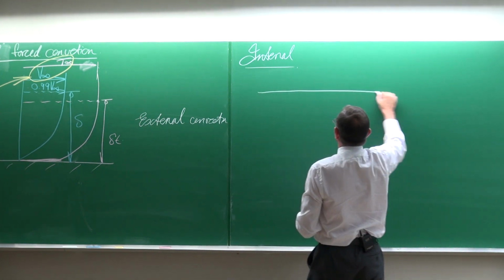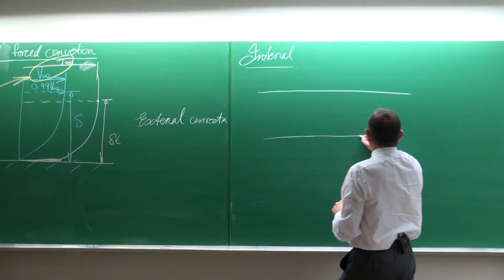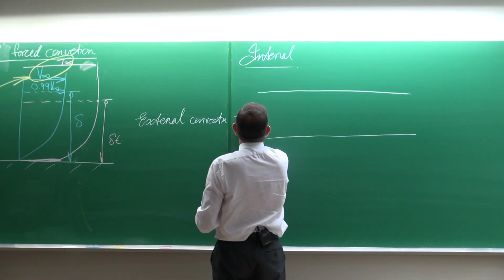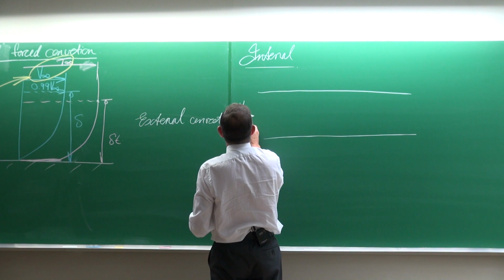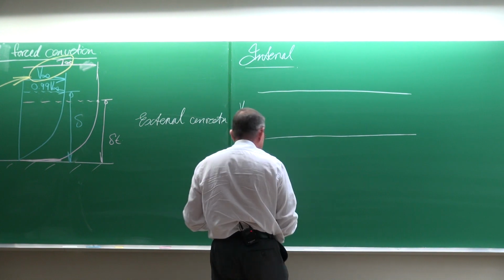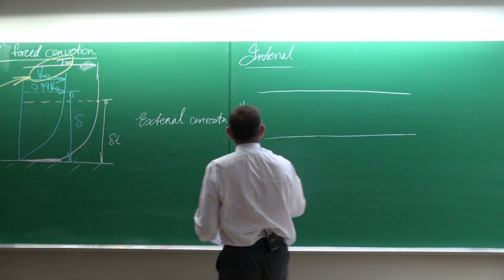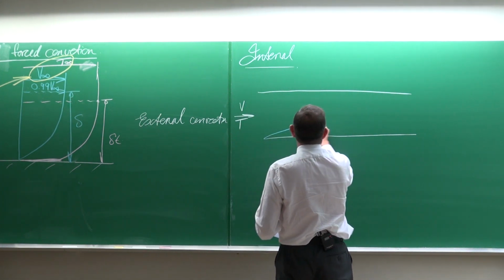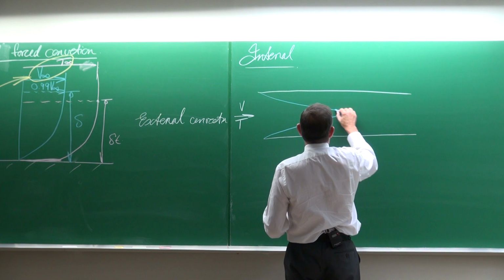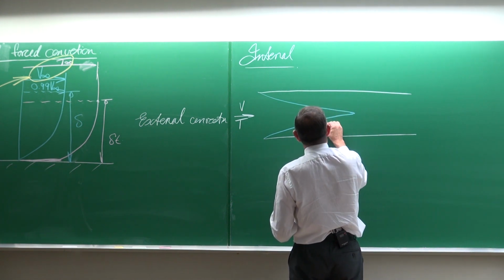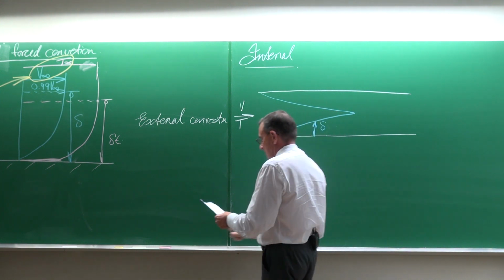With internal forced convection, there are always at least two boundaries, and if that is the free stream velocity and the temperature, then the velocity distribution, the boundary layer, is going to develop like that. And we know that that is the boundary layer thickness delta.